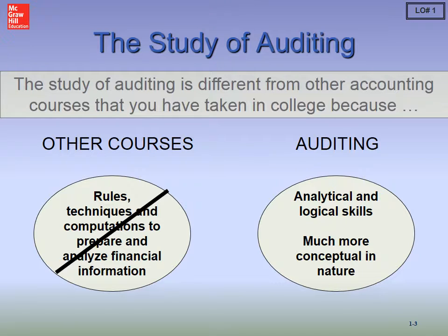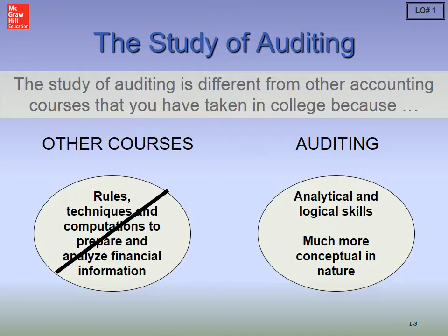Okay, so let's go ahead and start to take a look at our first slide, distinguishing our auditing class from other accounting classes that you have taken. In your introductory accounting course, you're just learning the basics. But when you get to intermediate, you are really looking at rules and procedures for preparing financial statements.